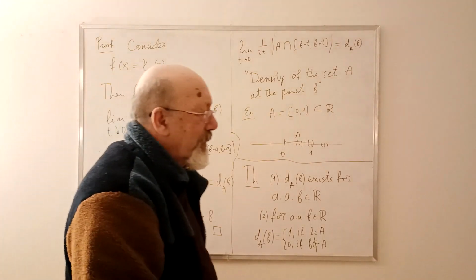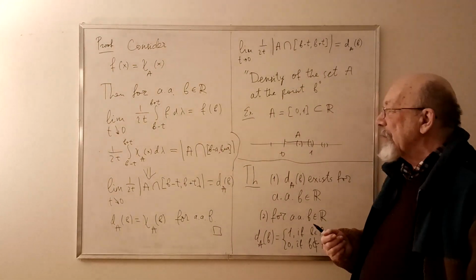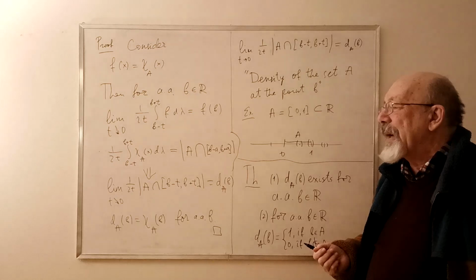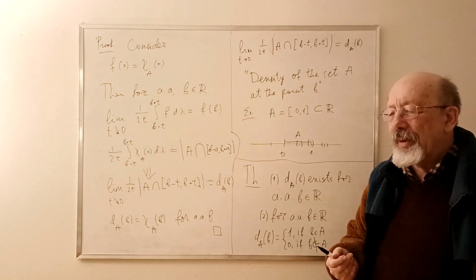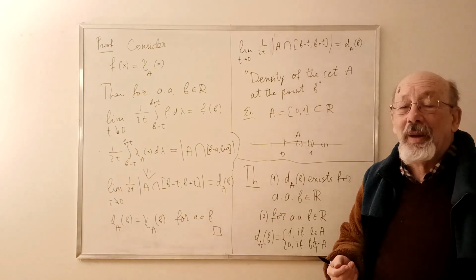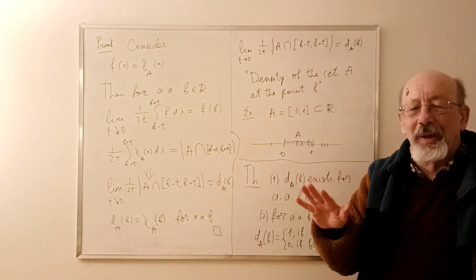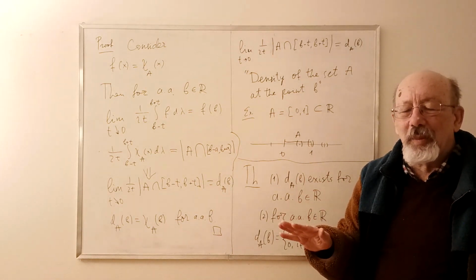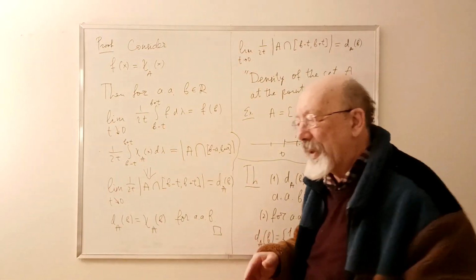So the characteristic function gives us the tool, and the Lebesgue measurable sets are not diffuse. They cannot be diffused so that the density is everywhere small, say 1/2, for example.